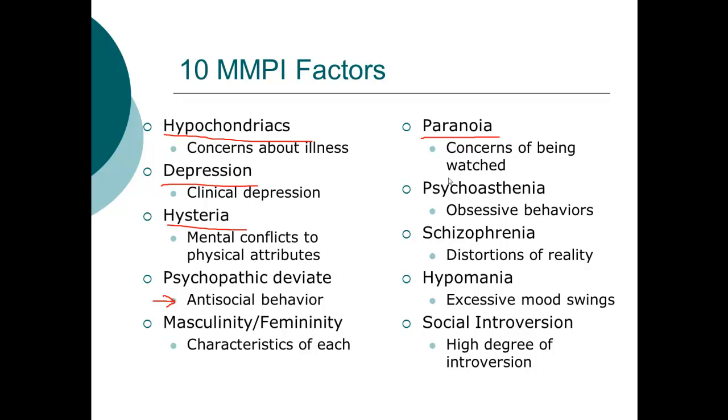Are people watching to see if Big Brother's watching them? And boy, this is a mouthful right here. Psychasthenia. This is kind of like obsessive behaviors. People who like to wash their hands 50 times a day.